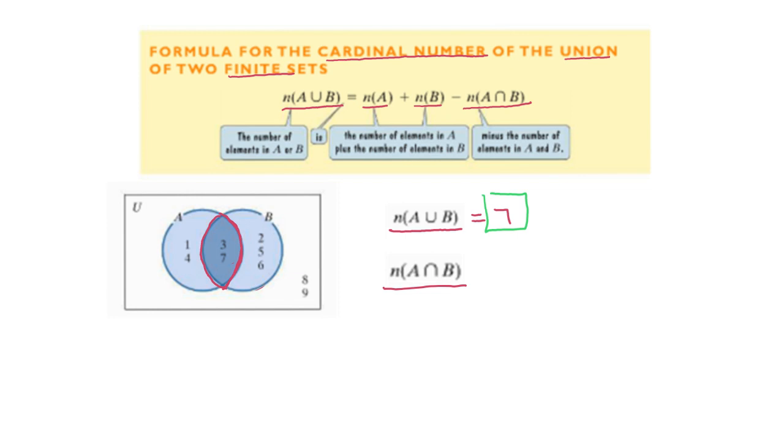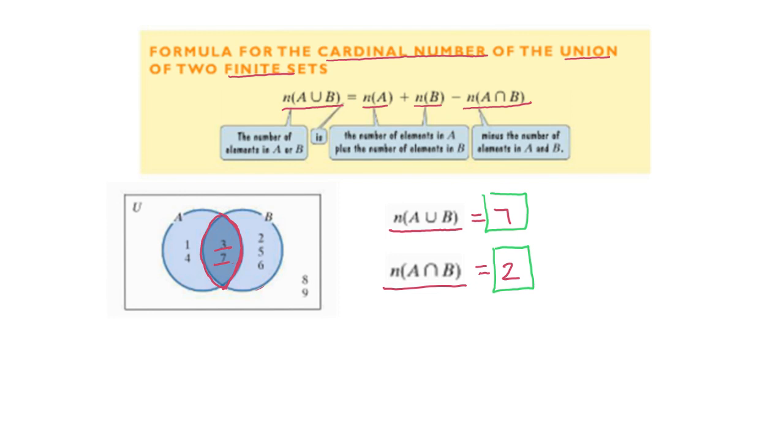It wants to know how many elements we have here. We have the number 3 and we have the number 7. So we have 2 elements. All right, so that is the easiest way to do those 2 problems.